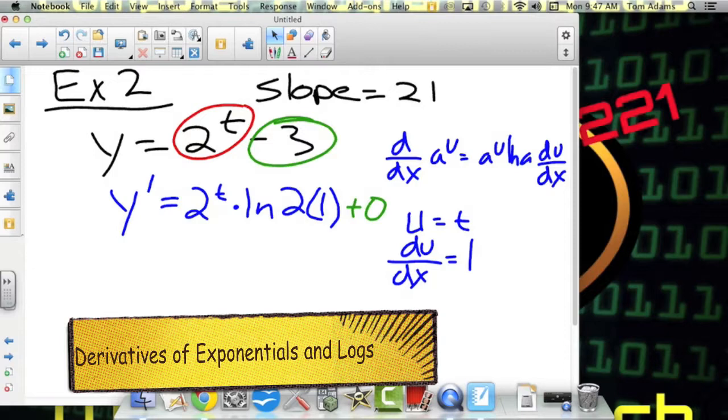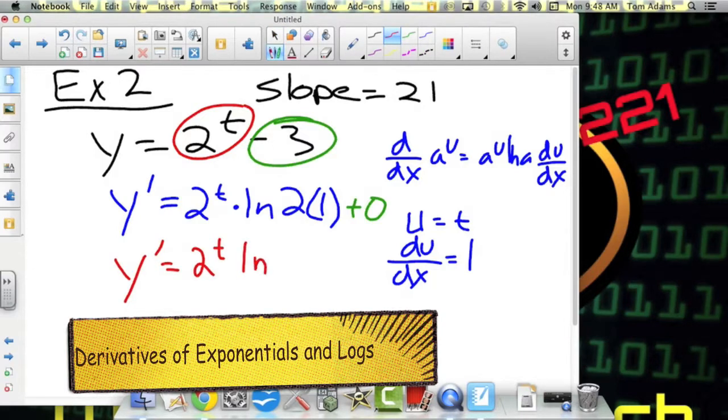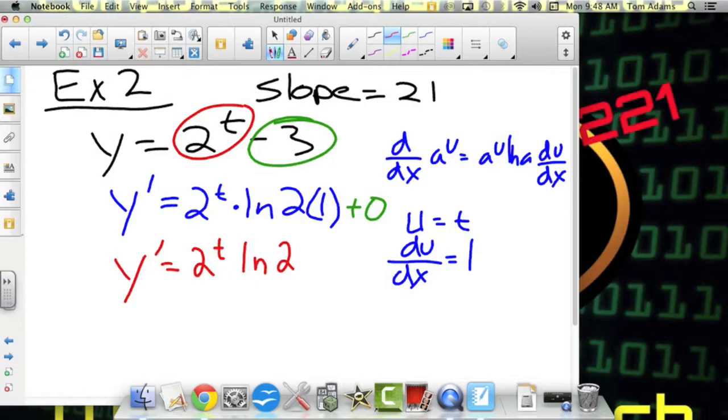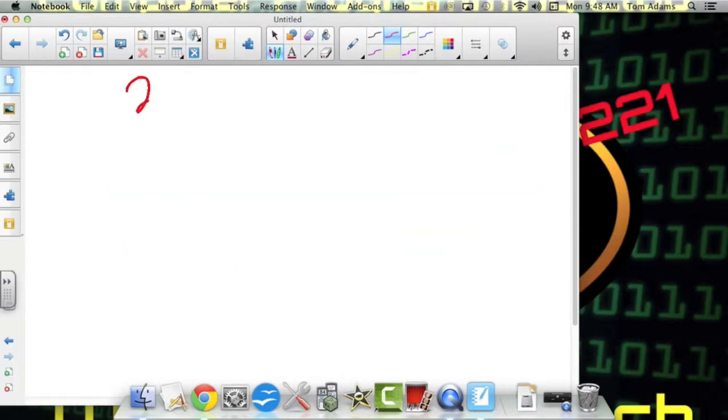The next step is to take this expression, clean it up a little bit, and then set it equal to 21. Okay? And then we solve for t. So we say 21 is equal to 2^t times the quantity, the natural log of 2. Now, don't forget that the natural log of 2 is just a number.